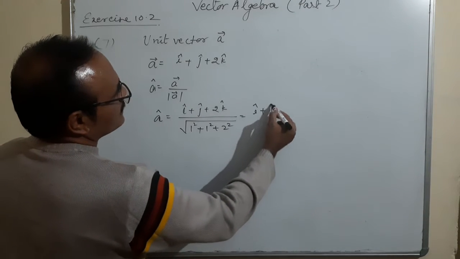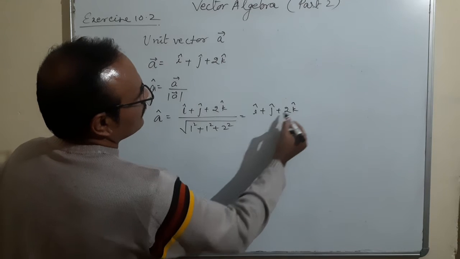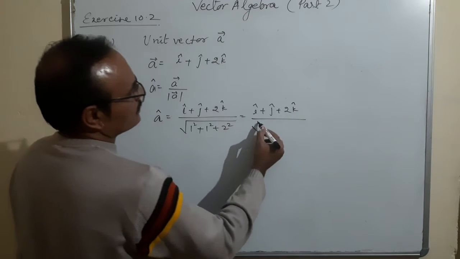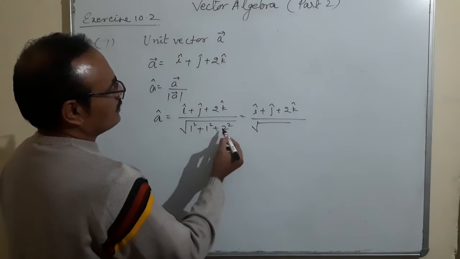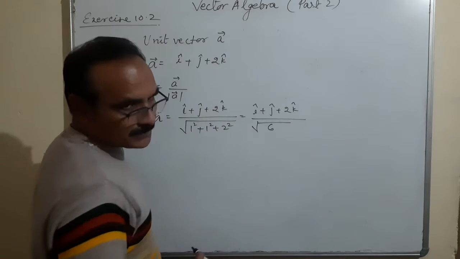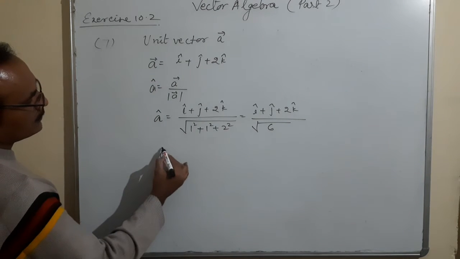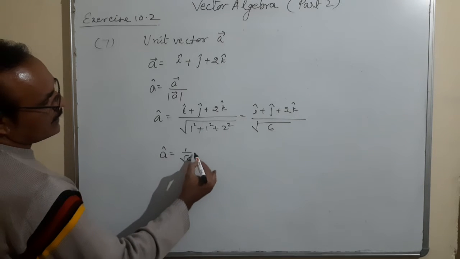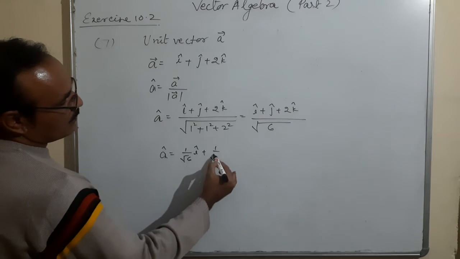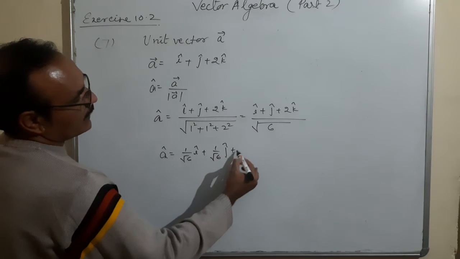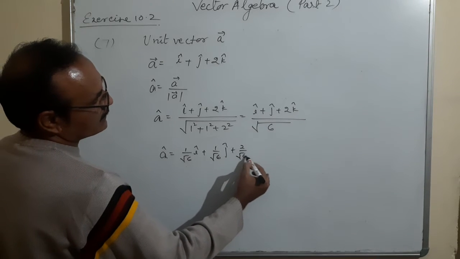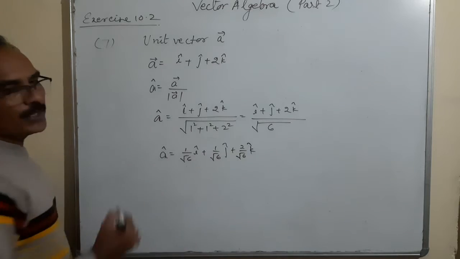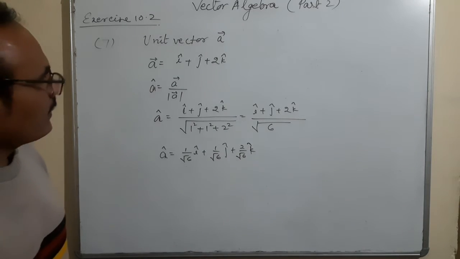So i plus j plus 2k upon under root 1 plus 1 plus 4, which is 6. Therefore the unit vector A is equal to 1 upon root 6 i plus 1 upon root 6 j plus 2 upon root 6 k. This is unit vector A. Got it?